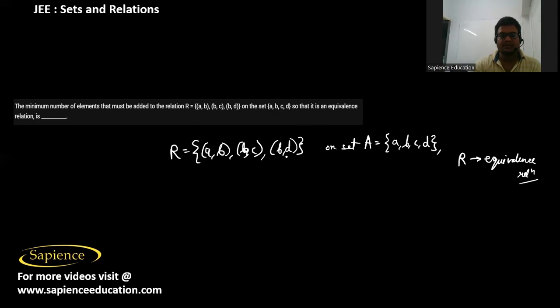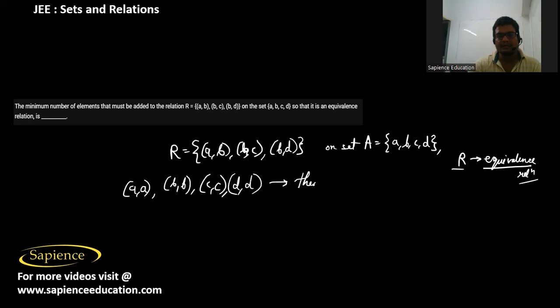So it is an equivalence relation. It means that R should be reflexive, symmetric, and transitive. So now it means that (A, A) should be there, (B, B) also should be there, (C, C) also should be there, and (D, D) also should be there. Then only R will be reflexive.